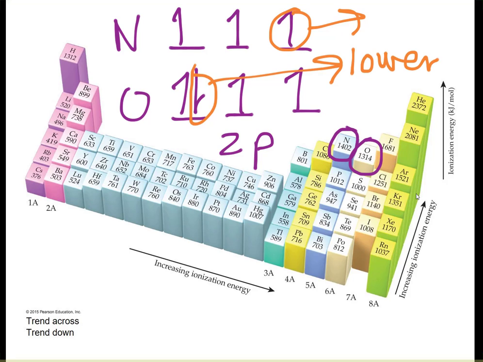And the reason why is because of an electron-electron repulsion. So because this electron is in a shared orbital, the other electron is going to repel it a little bit more, and so that means it takes less energy to remove it. Whereas if I remove that electron from nitrogen, it's going to take a little bit more in comparison because there's no electron-electron repulsion.